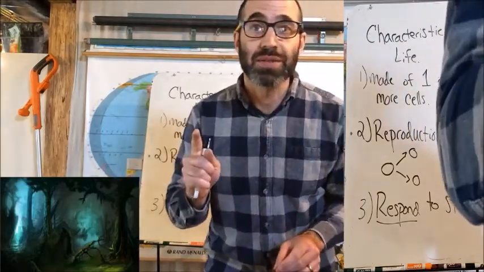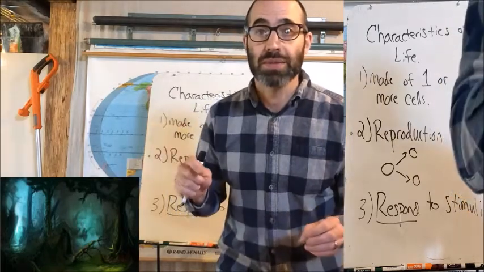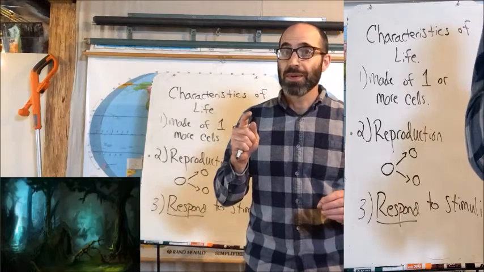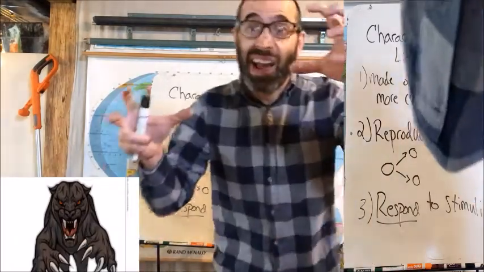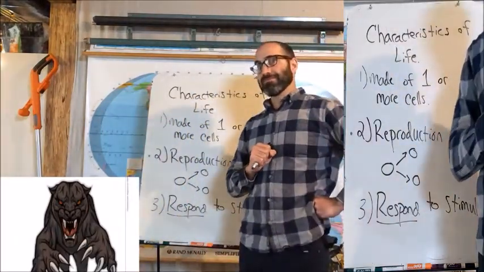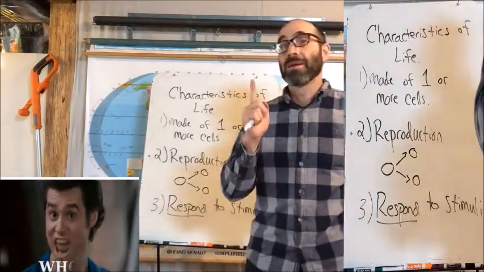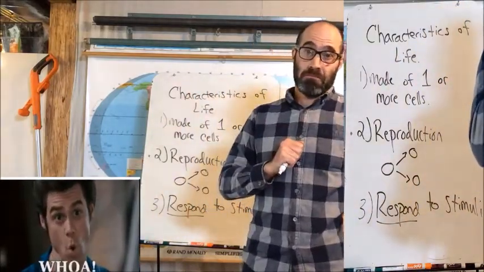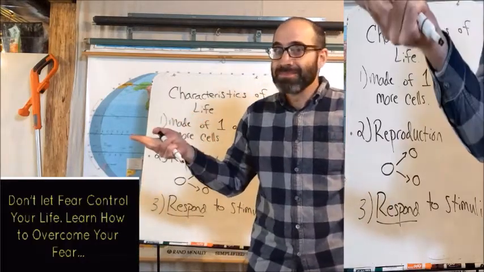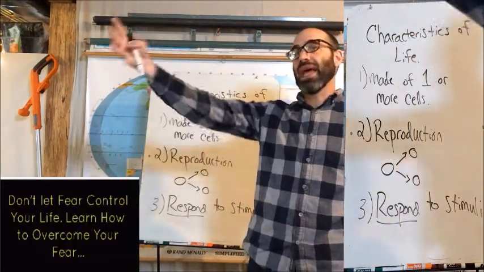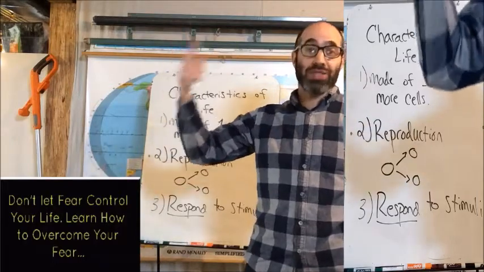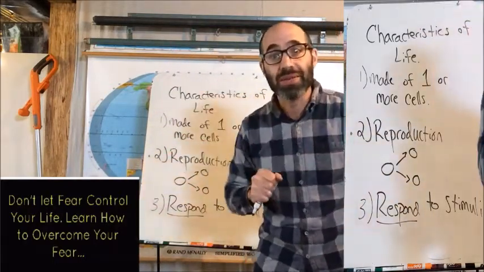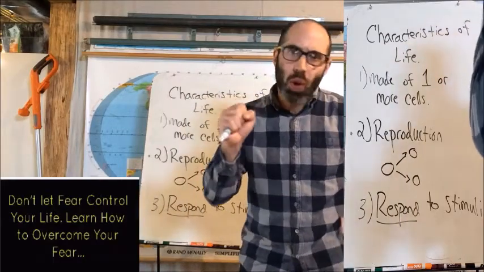But then all of a sudden, through the darkness, coming at you, is a panther. Responding to stimuli. Fear. The stimuli of something happening outside of you causes a response inside of you.